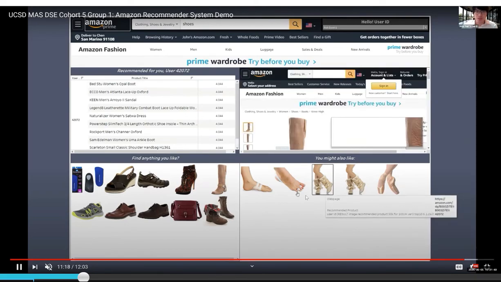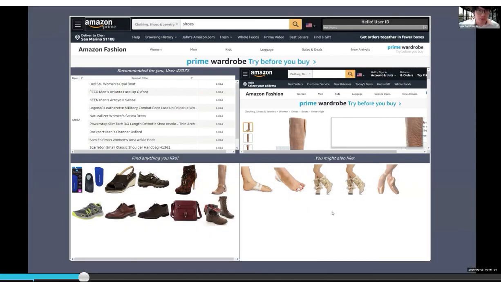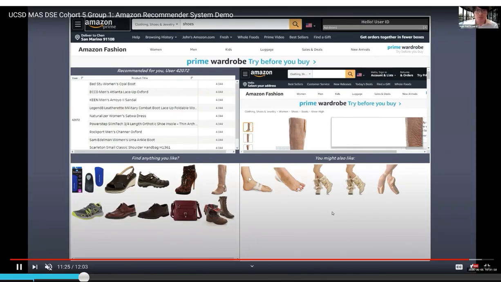Top right-hand corner, the highest predicted product is Bed Stu women's opal boots, which is actually this one. But what our image model recommended, first of all, the neural network doesn't seem to recommend all the products in a similar category. And our image-based model seems to confuse this boot with someone's actual foot.